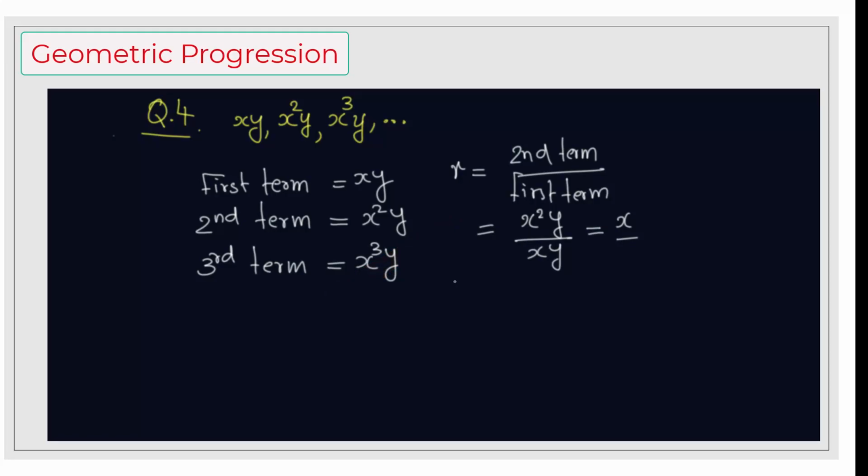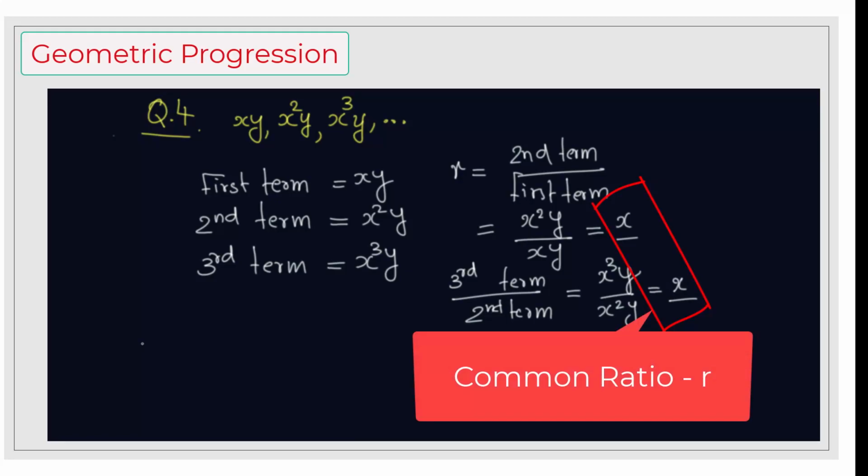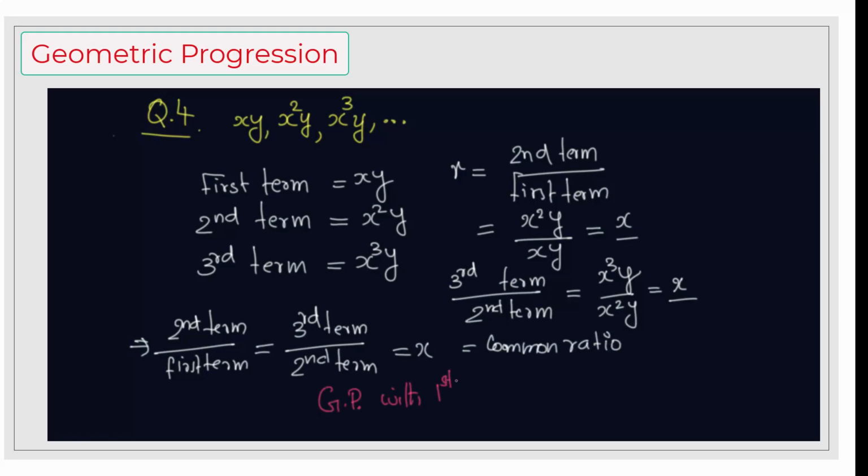Also, we find the ratio of third to the second, that is x cube y divided by x square y, that also is equal to x. So we see that both the ratios are same and is x. That means the given sequence has a common ratio. So the sequence is a GP with first term as xy and the common ratio as x.